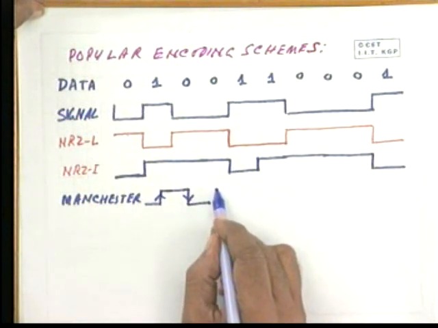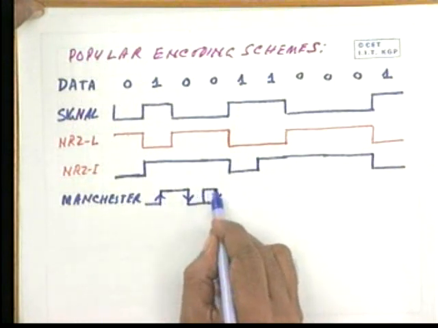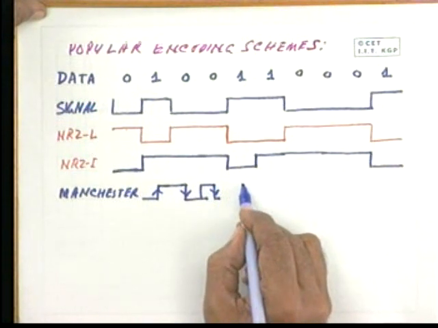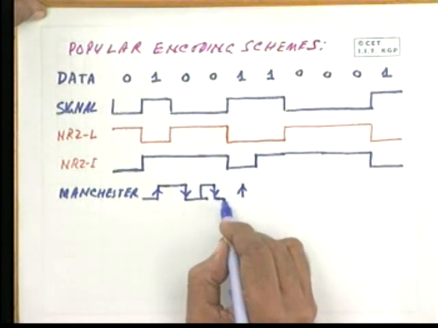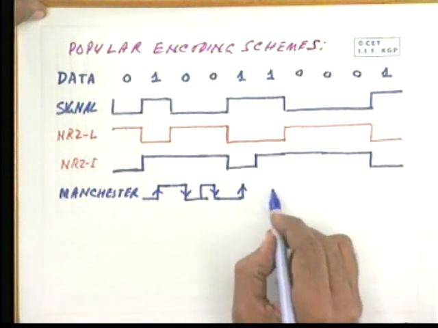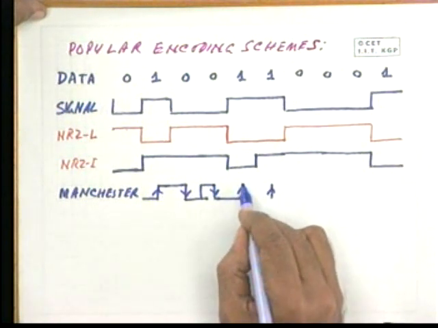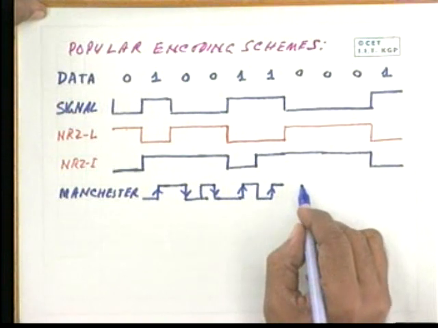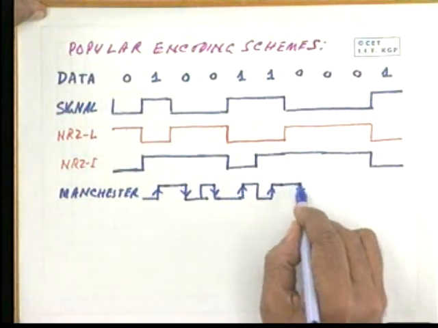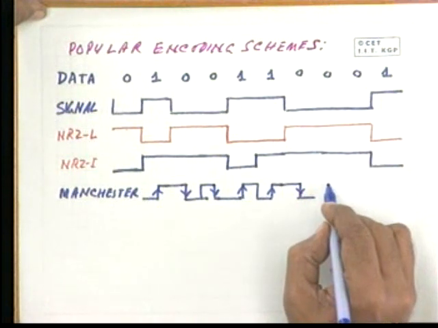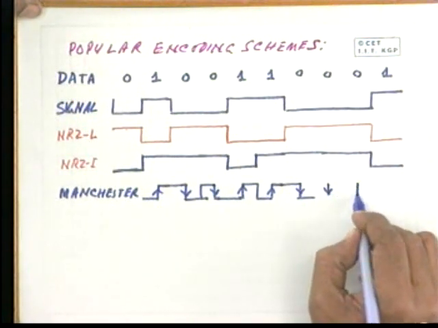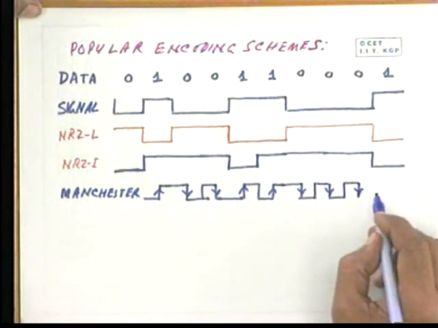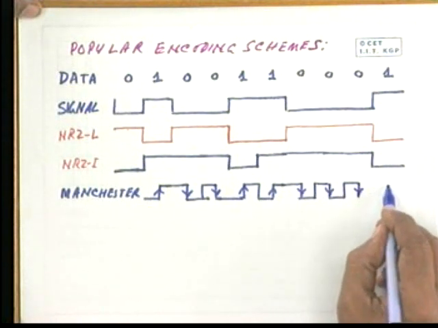So here also there will be a transition, and the signal will be like this, and for 1 there will be a transition from low to high, and for the next one again it will be from low to high, so it must change here, and for this low again low to high, for this 0 low to high, this 0 low to high, so it will be like this, and for this one it will be from high to low.